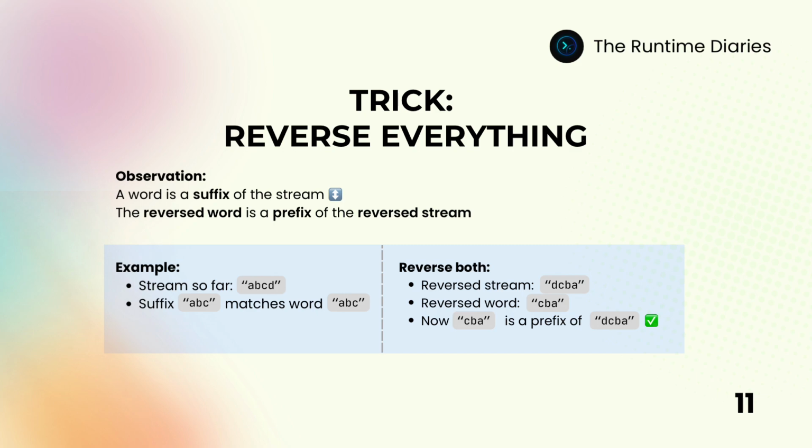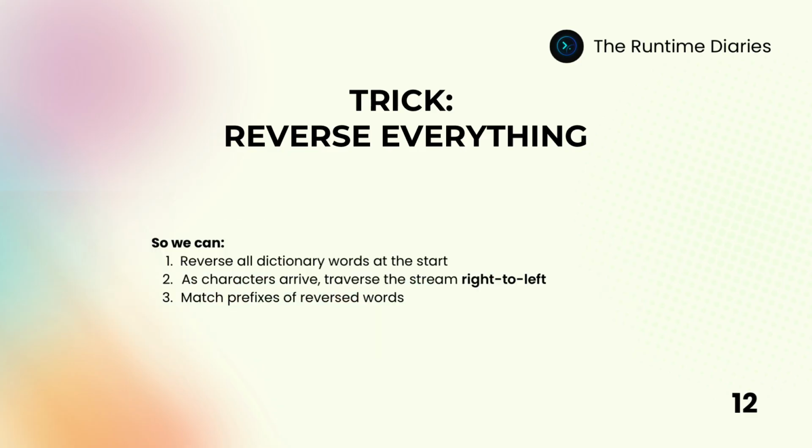C, then B, then A. As we walk backwards, we traverse the trie. C goes to B, B goes to A. If we reach the end of a word in the trie, we found a match. This is the entire solution in one idea. Reverse all dictionary words. Walk the stream backwards. Check for prefix matches in the reverse trie. This transformation is the real algorithmic insight.